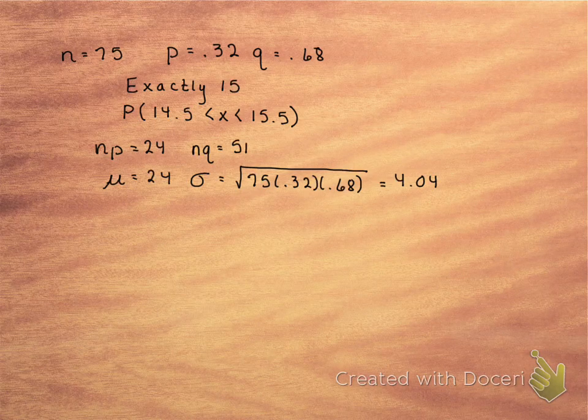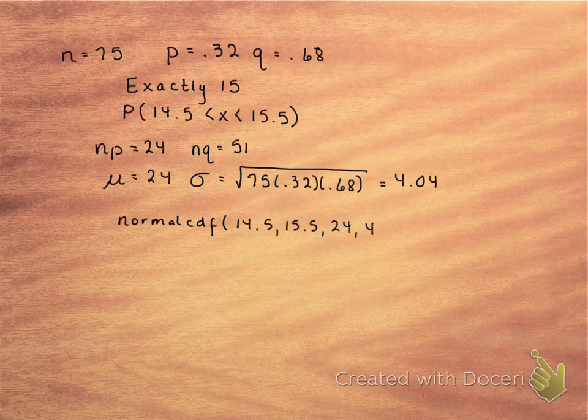Now, because we are between 14.5 and 15.5, those are the lower and upper bounds that we enter into our calculator: 14.5, 15.5, the mean, 24, and then the standard deviation, 4.04, to get approximately 0.0083. Very, very simple.